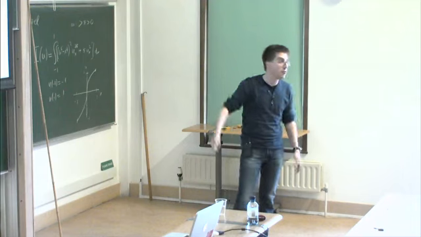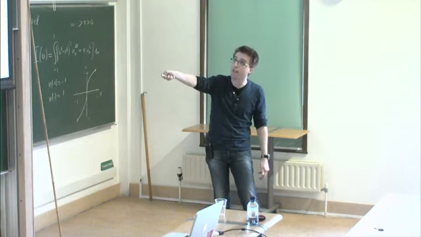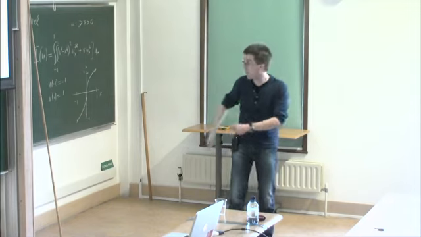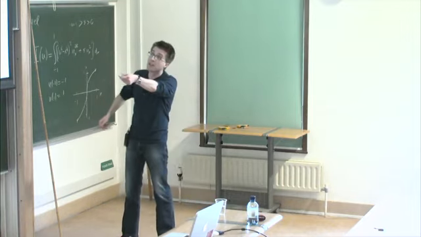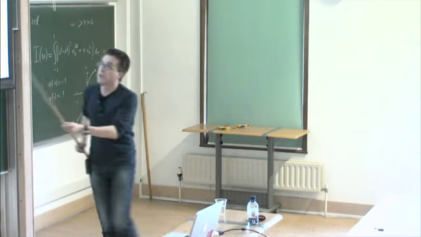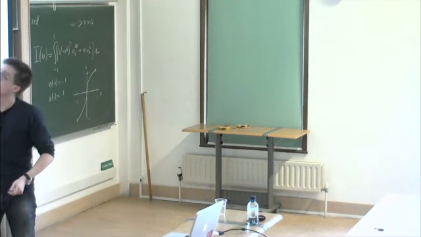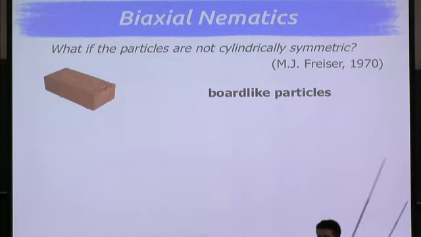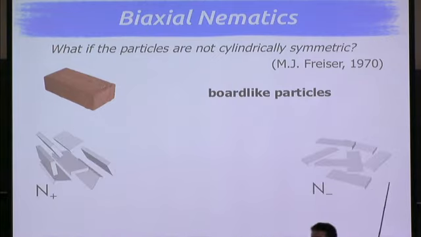Therefore, particles with three different dimensions: length much bigger than the width, and the width much bigger than the thickness. And why am I asking this? Because in principle we can expect both phases to be stable and to be shown by these brick-like, board-like particles.